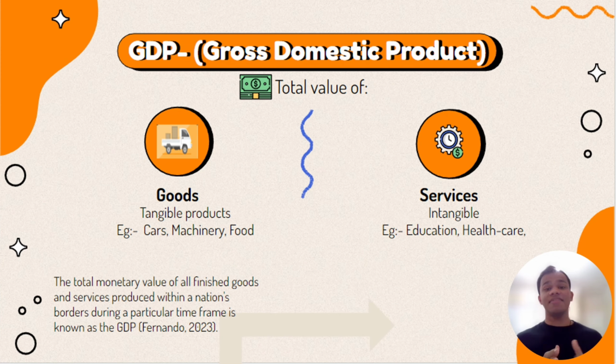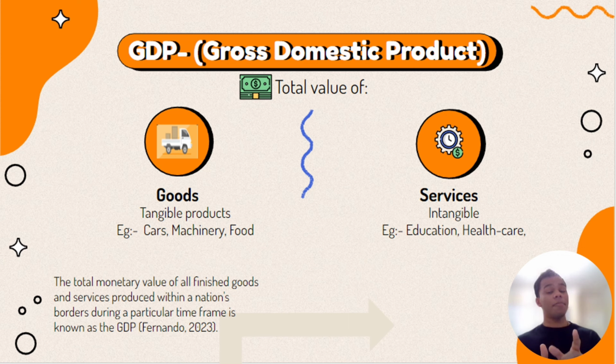Next, let us have a look at this term GDP, or in other words, what gross domestic product means. As the name says it all, gross itself means total and domestic means home or within a border, and product refers to goods and services. So in a nutshell, GDP could be defined as the total money value of goods and services produced in a nation.